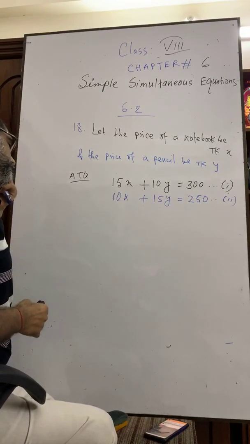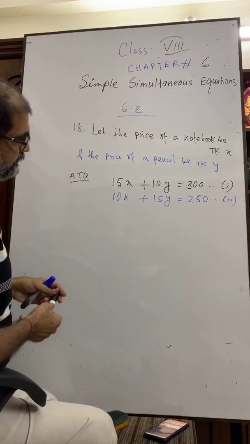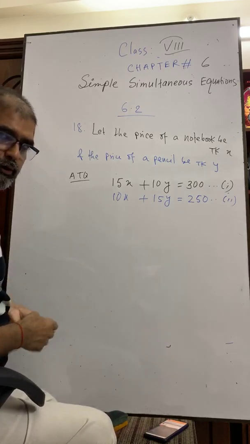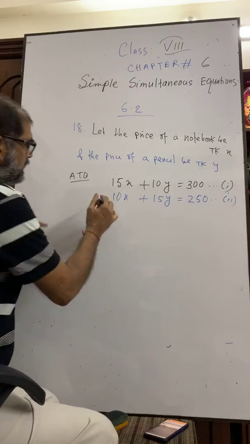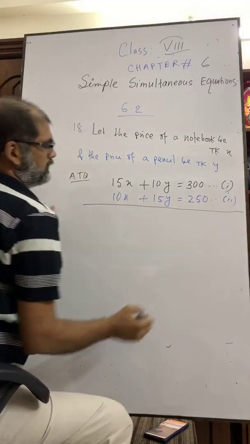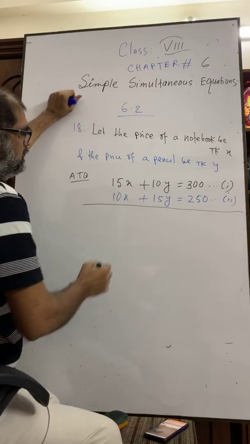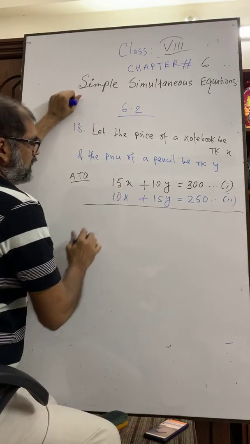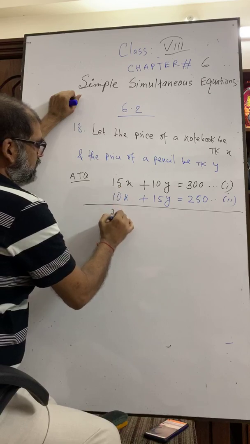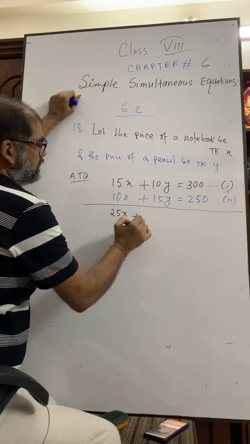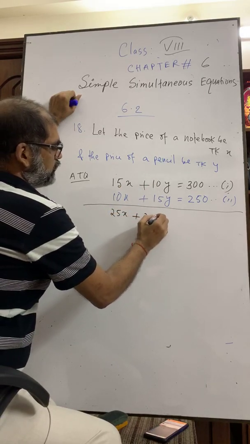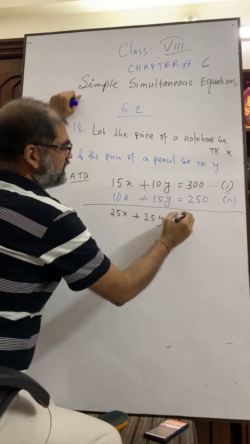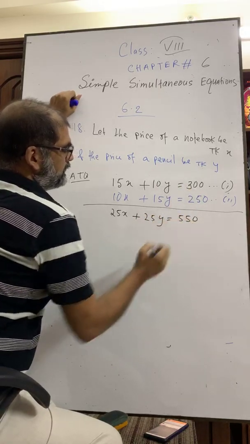What will we do? Suppose you don't have a calculator with you. Suppose you just go for adding. Then 15 plus 10 equals what? 25x, 25y, and 550.